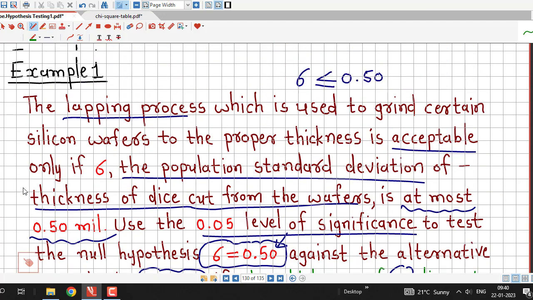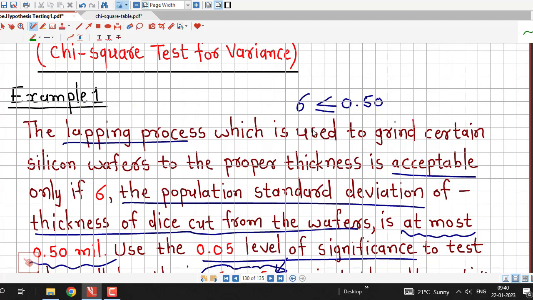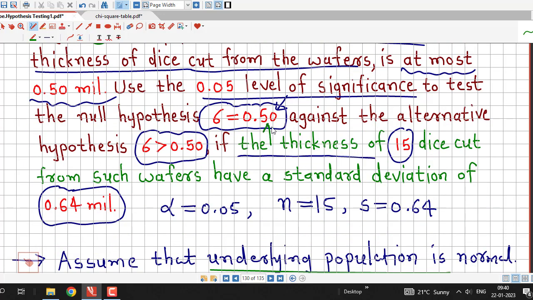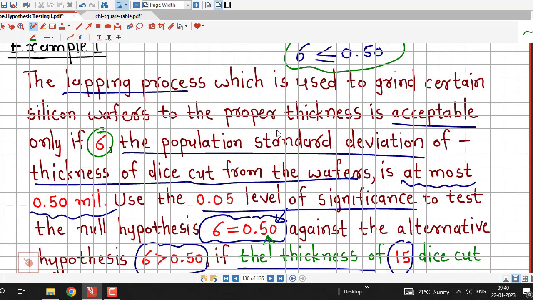So what is our final conclusion? They are saying that lapping process is acceptable if sigma is at most 0.50, and we fail to reject the null hypothesis that sigma is 0.50. That means we can say that there is no sufficient evidence to reject this claim that this lapping process is unacceptable or unsatisfactory. They are saying that the lapping process is acceptable if sigma is at most 0.50 MIL.